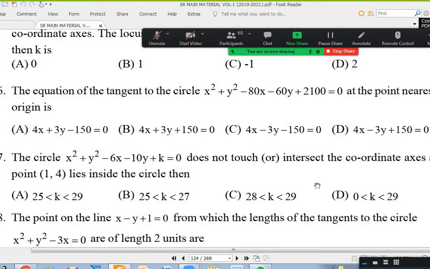Okay, 116. There's a circle with center 40, 30 and radius 20. Origin is here. This is 40, 30.